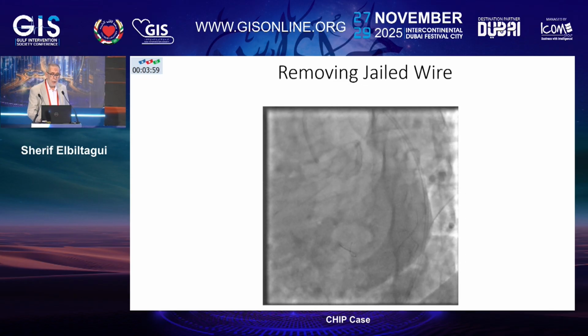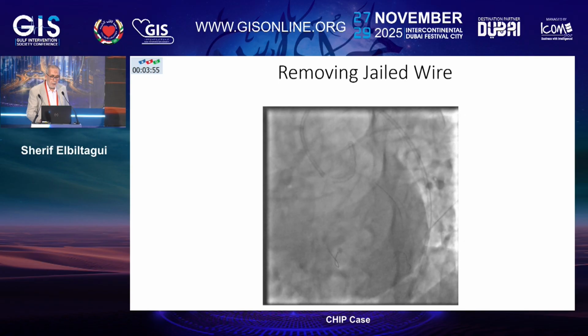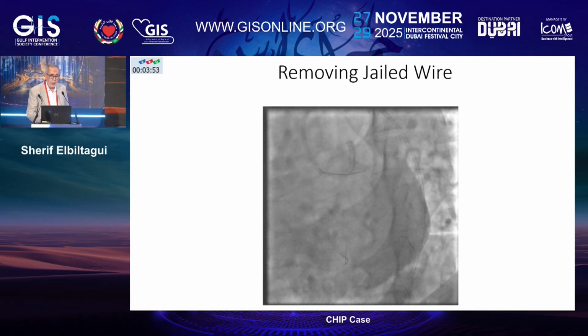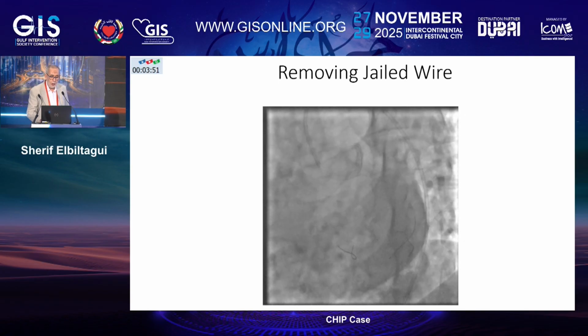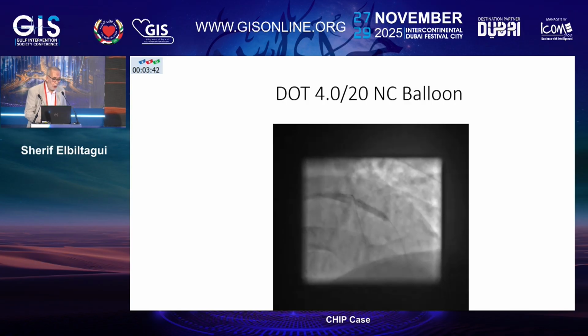And here is the recommended way of removing the jailed wire, getting your guide up in the aorta to avoid injury to the stent. And then, as usual, opening the struts to the CX. And then doing optimization.